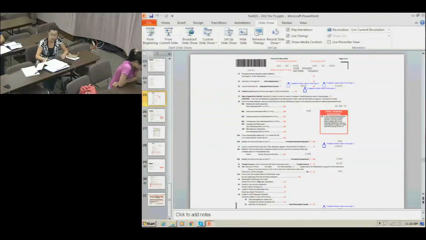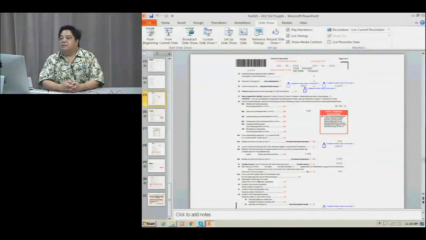A lot of times medical premium can be a deduction, but it's subject to a threshold. So say, for instance, you make $10,000, and the threshold is 10%. 10% of 10,000 is 1,000. So if your total premium is below 1,000, you cannot deduct anything.